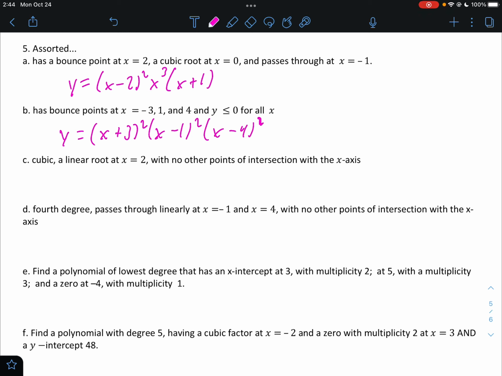But it also says y is always negative, all right? So we're going to throw a negative out in front there. C, a cubic, and has a linear root at 2, and never touches the x-axis again. So x minus 2 to the first power, and then maybe we can throw another one of these in there, x squared plus, you name a number here, how about 3?